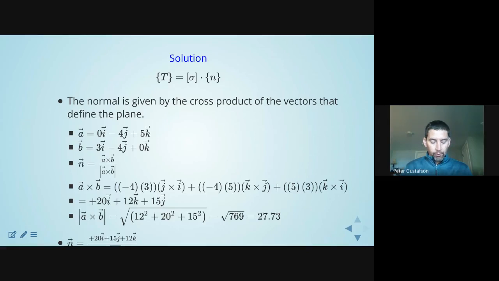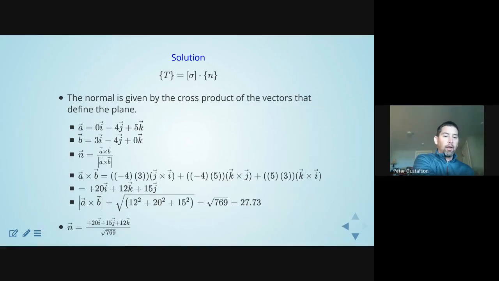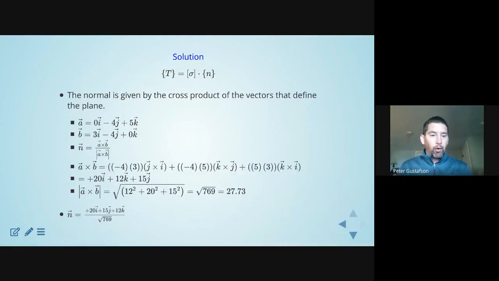And hence, we can take the overall magnitude is going to be that. There it is. Now, if you're doing this on your homework, you can either leave it in this form or you could write out the decimal version of it, and I would accept either one as long as they're both correct.